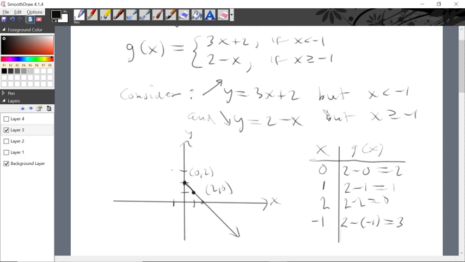That point is closed because x can equal -1 on this branch right here. That completes this trajectory. That closed point is at the location (-1, 3), right there.